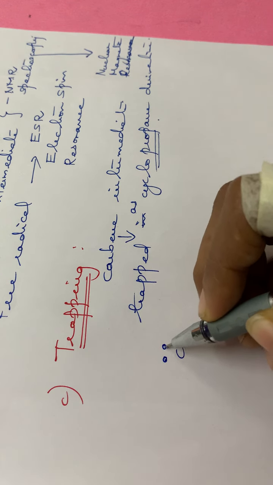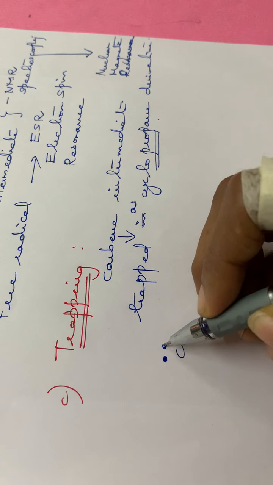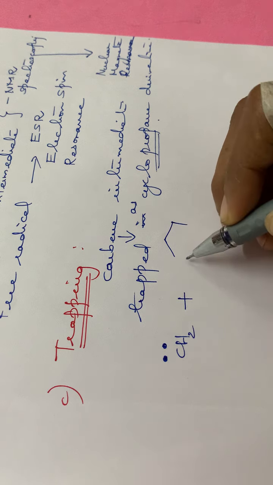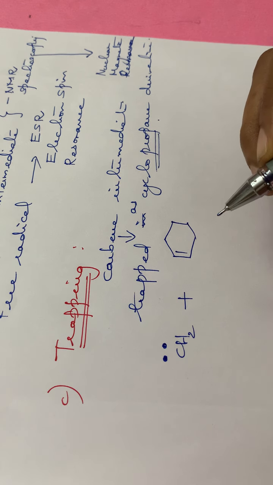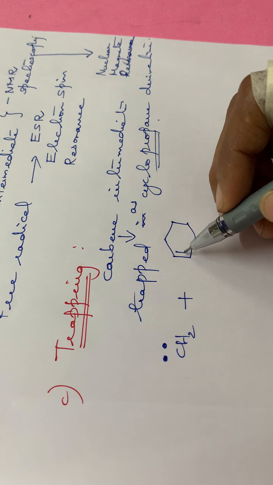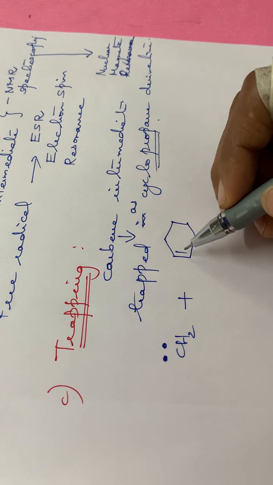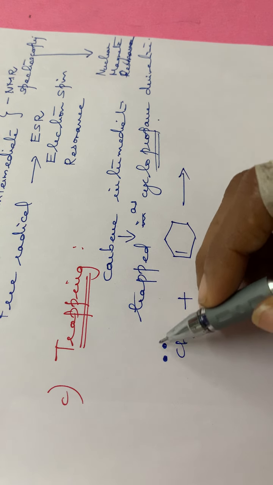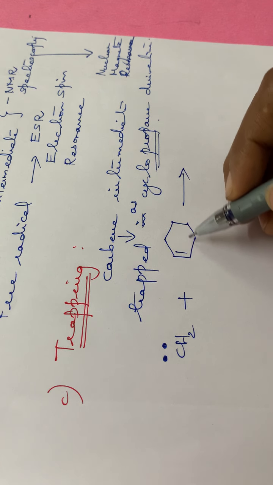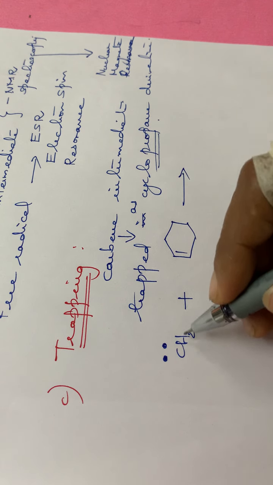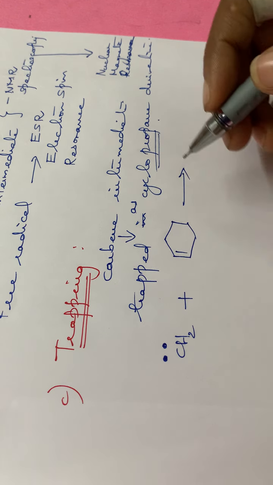This is CH2 with 2 electron pairs, the methylene, plus a cyclic alkene, a cyclic compound with a double bond. So this intermediate will be trapped by this cyclic compound. That means the pi bond is broken and the CH2 will be joining to this particular compound.